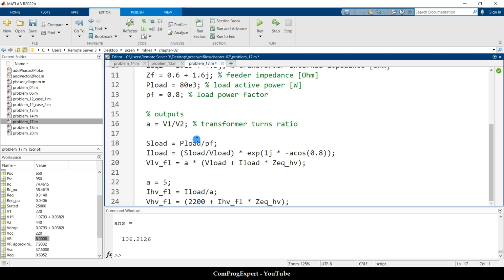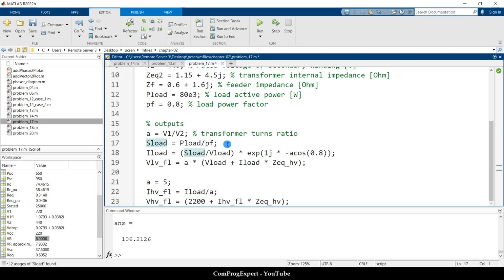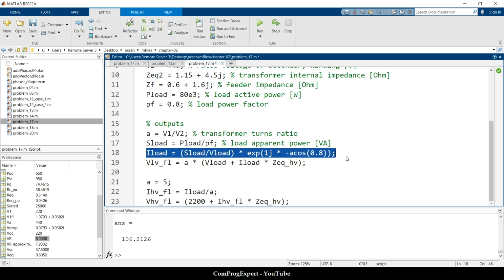What is the value of the load apparent power? Is this one. This is load apparent power, volt ampere. This is the load current. The power factor is 0.8, lagging.